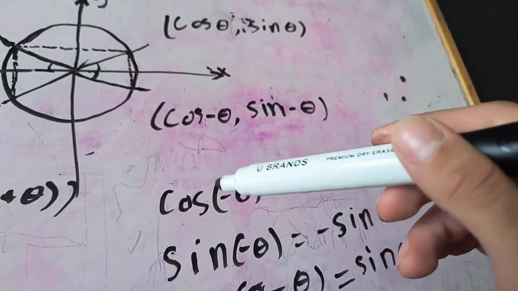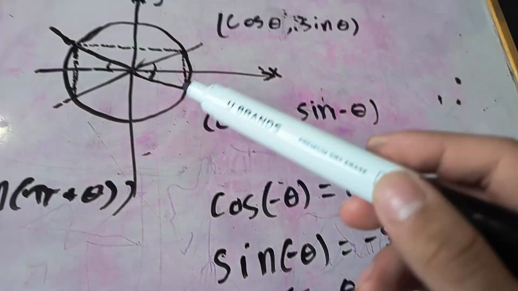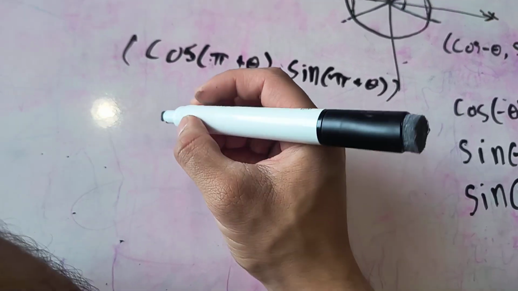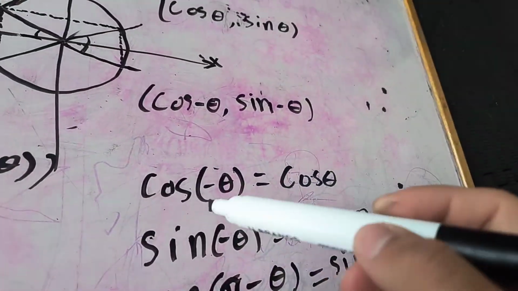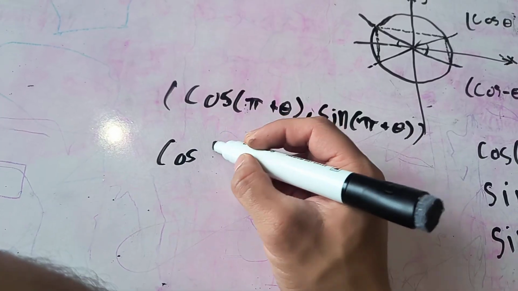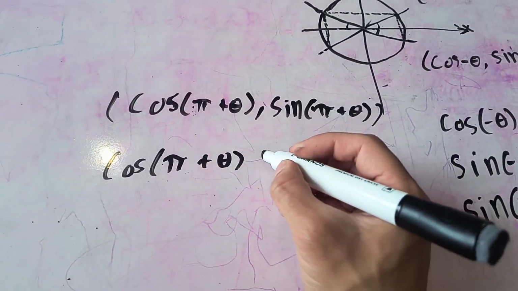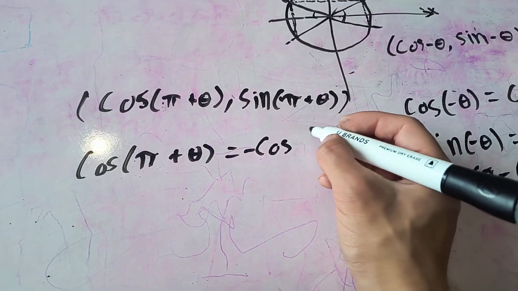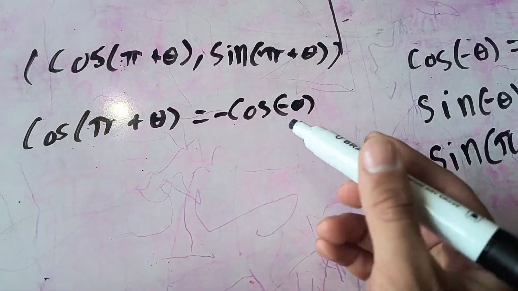So cosine of pi plus theta is equal to negative cosine of negative theta.